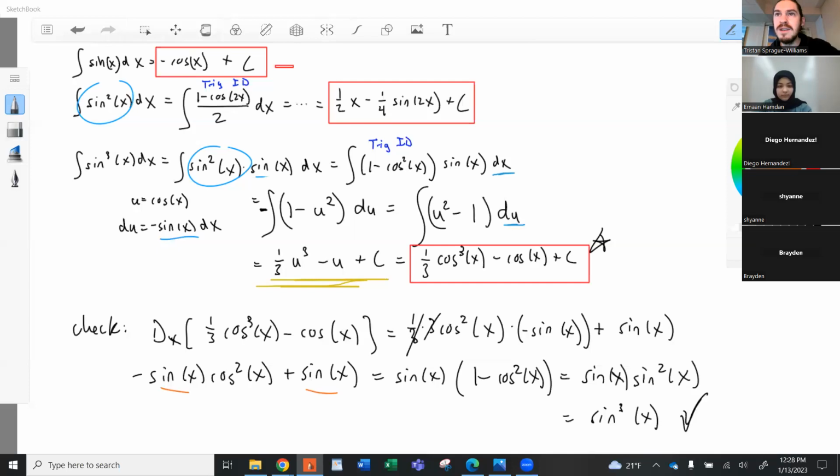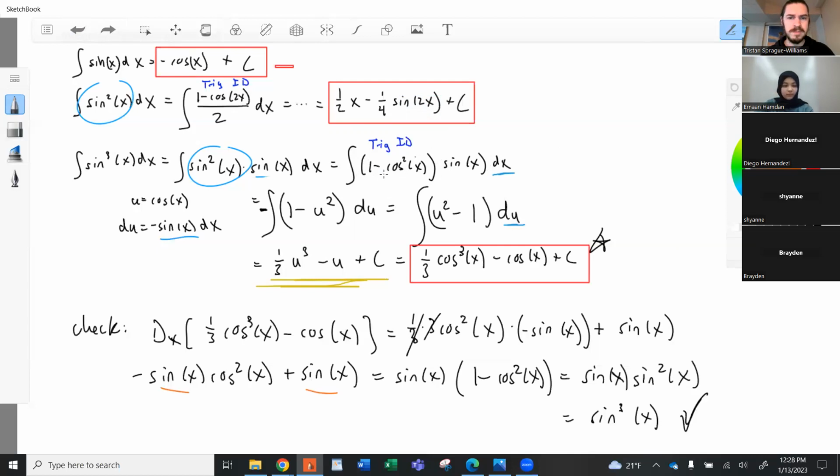Looking at the chat, Isa makes a comment about distributing sine x first before integrating. You mean in this step here? Yeah, we could probably do that. Then you'd be integrating sine by itself, which we can do.